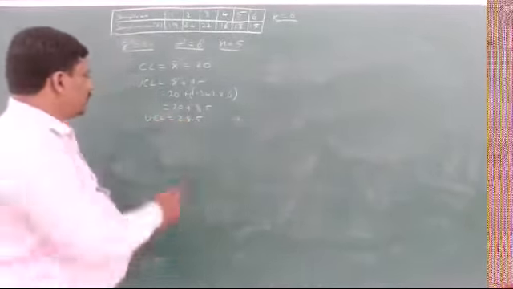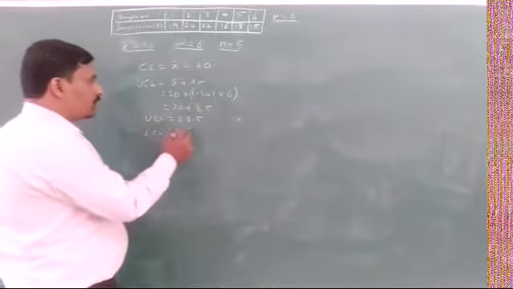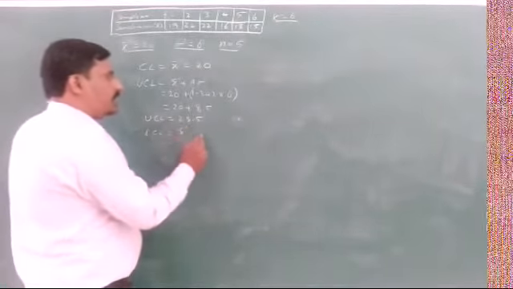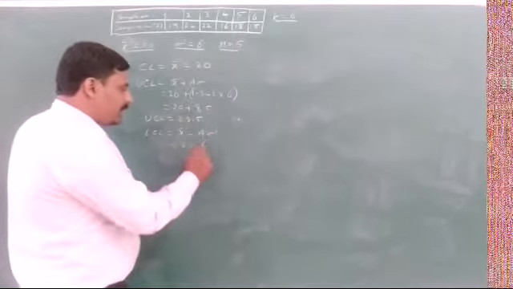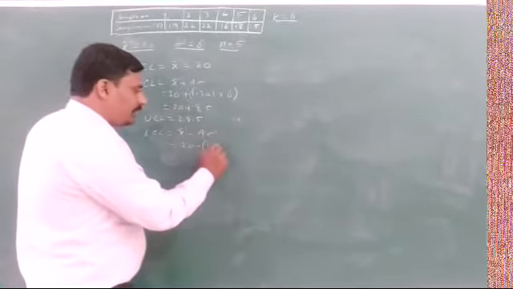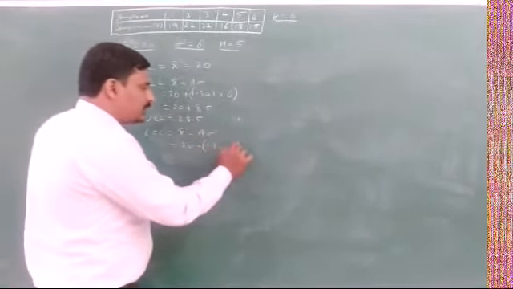Then lower control limit is equal to X bar dash minus A sigma dash. So X bar is 20 minus A, 1.342 into 6.